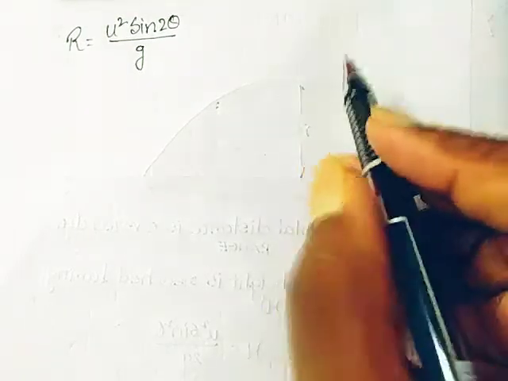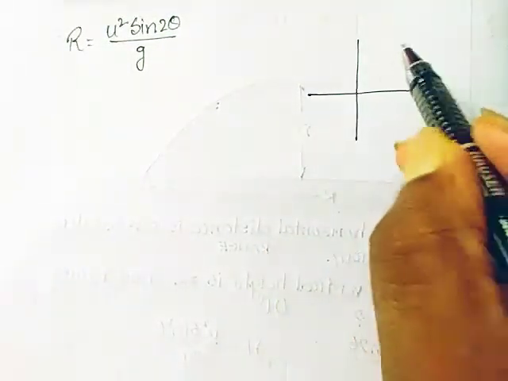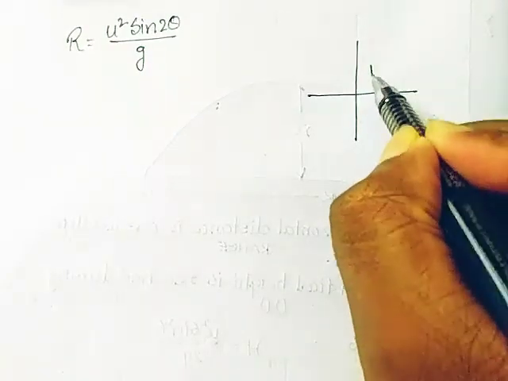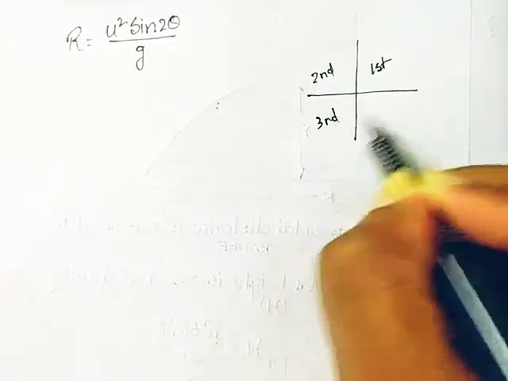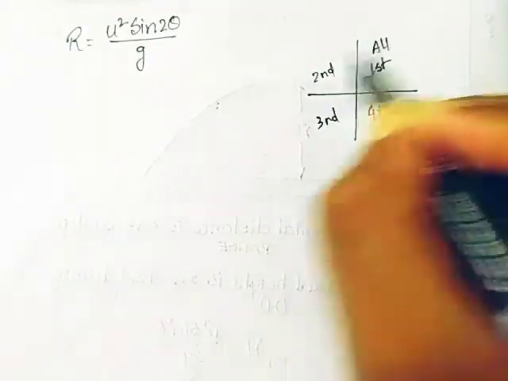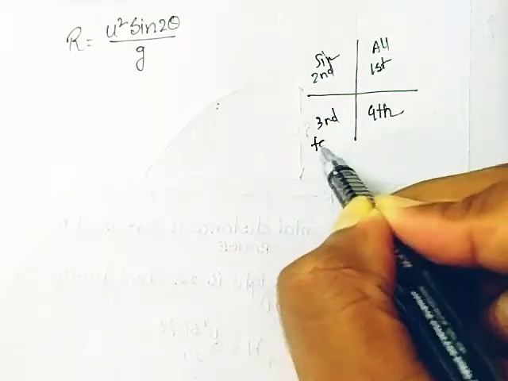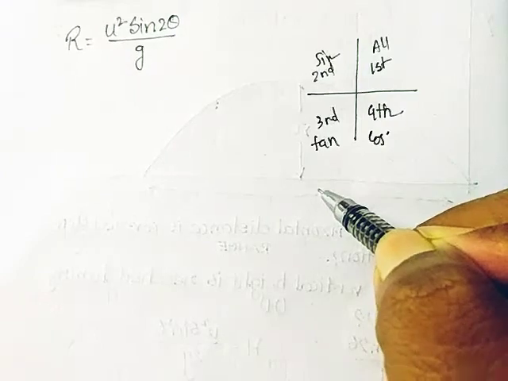Now if I try to be a little bit mathematical, if I draw these coordinates, it is the first quadrant, the second quadrant, the third, and the fourth quadrant. And if I write down the law, all, sine, tan and cos, these values are positive there.